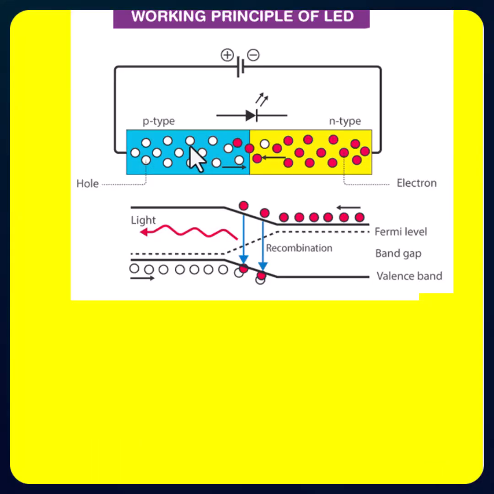So this is the P junction and this is the N junction of the LED, and if the P material is connected to the positive terminal and N material is connected to the negative of the DC supply, then it is called forward biased.